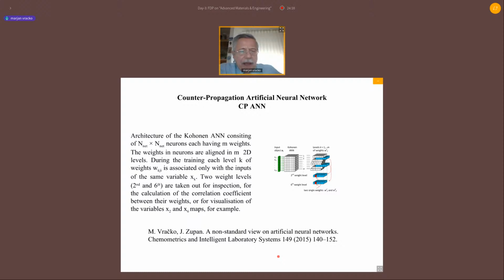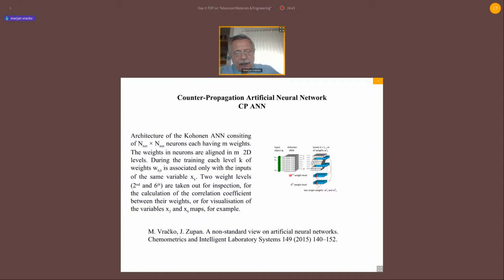How does it work? A Kohonen or self-organizing map is mathematically simply a cube of numbers. It's a cube of numbers, and if I present our organization here, the columns here represent our objects.